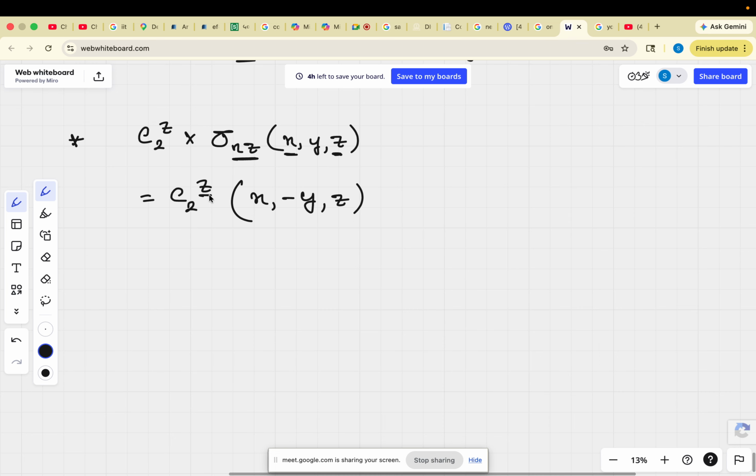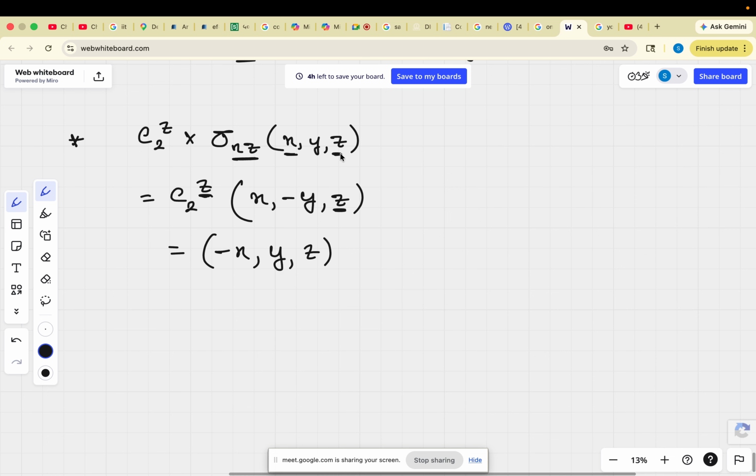Now what you are applying? C2z, so z no need to change, rest of the things you have to change. So x will become minus x, minus y will become y, and z is remaining unchanged. So if you have C2z into sigma xz of xyz, what you are getting? Minus x comma y comma z.